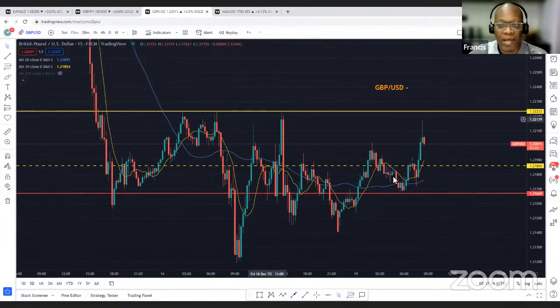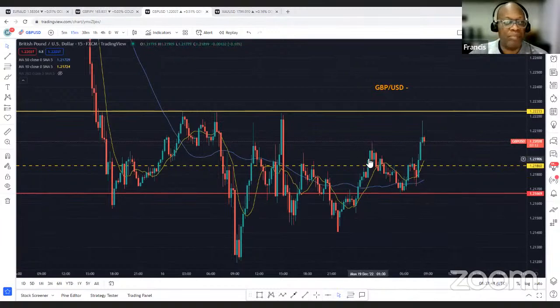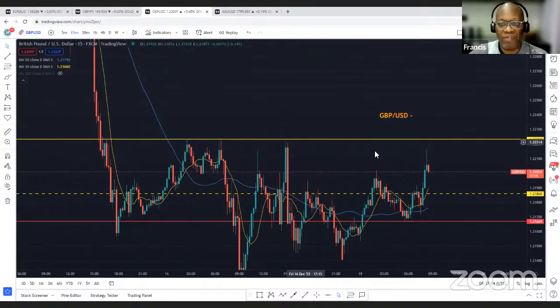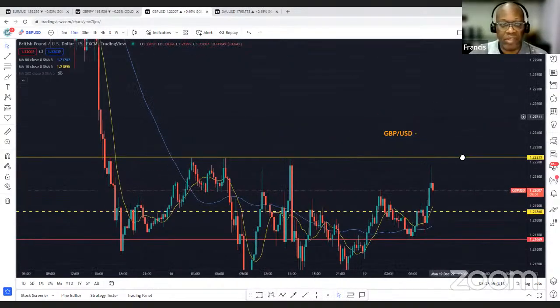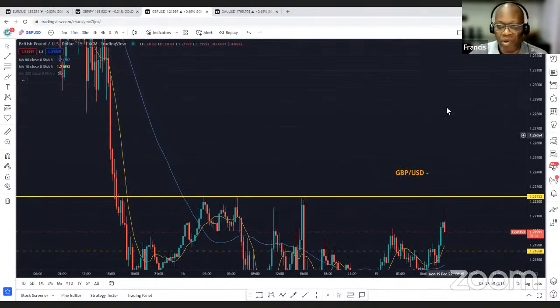It broke higher and it's come back down. So we need to see what's going to happen now. For me on pound USD, I would wait for it to break above here. If it breaks above here, then it's most likely going to move up continuously a long way.